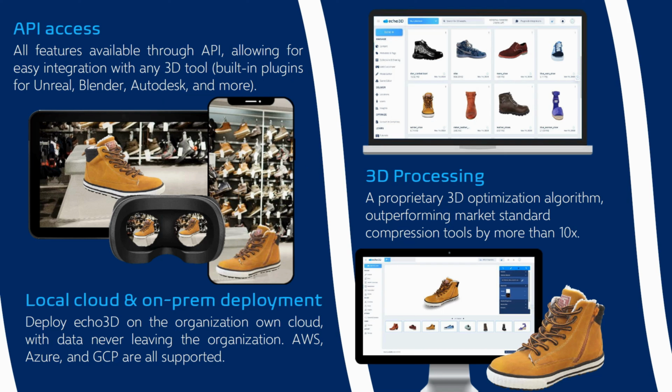We also allow you to deploy echo3D on your organization's own AWS, Azure, or GCP cloud infrastructure, so the data never leaves your organization. Our 3D processing is our secret sauce. Users can view and share massive 3D files and scans thanks to our proprietary 3D optimization algorithm, which outperforms market standard compression tools by more than 10 times.